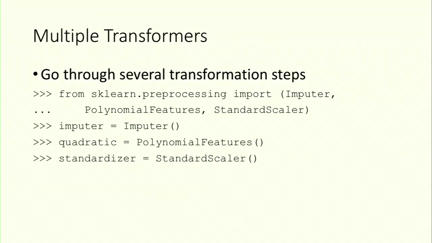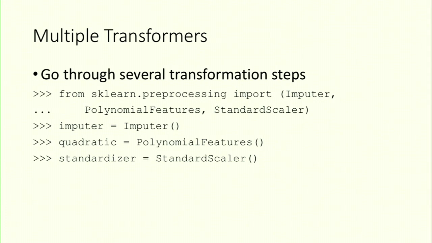All right. Well, sometimes you want to go through multiple transformations in the course of feature engineering. Say first we want to impute the missing values, and for that there's a built-in imputer class. Then maybe we want to throw in some interactions and square the variable. By default, the polynomial features class will just do the second degree polynomials.